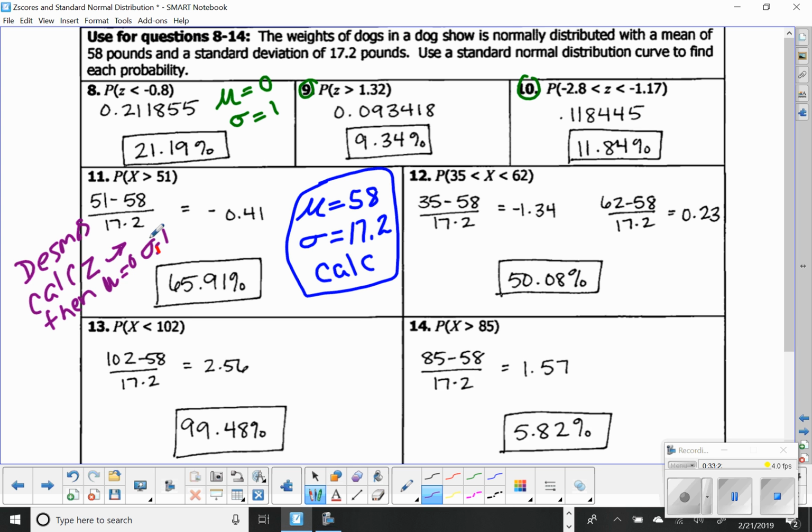Now, the one thing about this worksheet that I'm not real pleased with is it's asking for the probability. The probability is not 65.91%. The probability is 0.6591. Again, the probability is 0.5008. The probability is 0.0582.